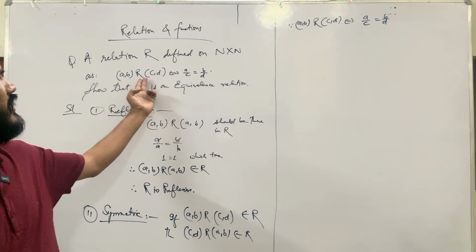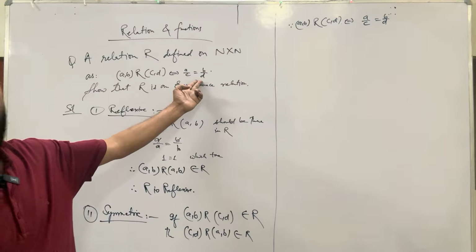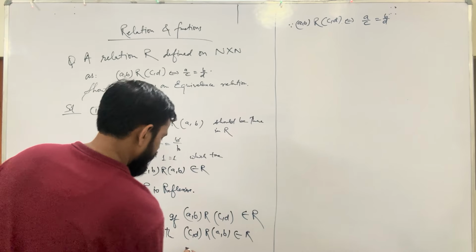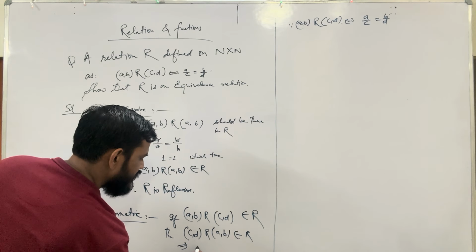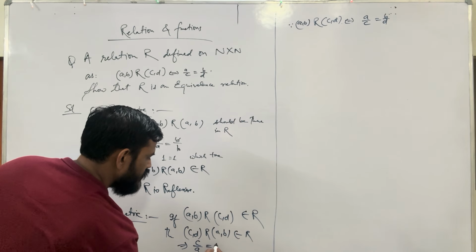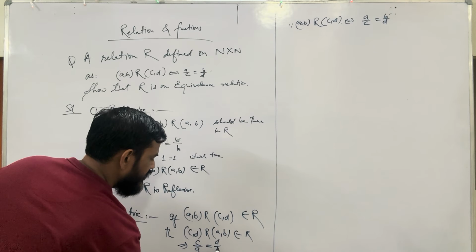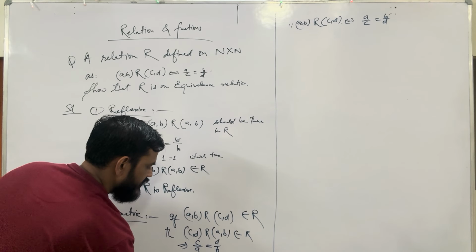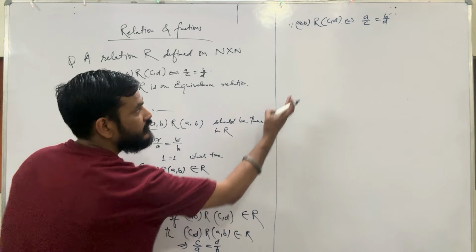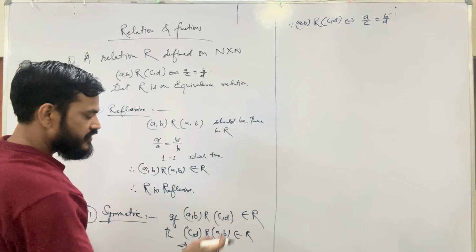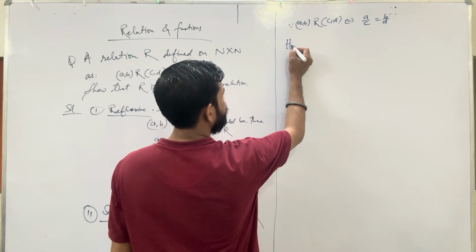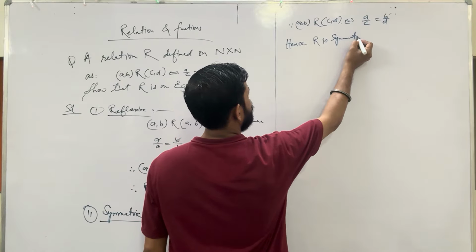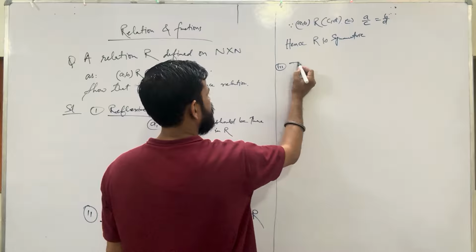As per the relation, a/c equals b/d. Now, if this is true, then this should give first by first, c/a must equal d/b. Now you just flip it. If you flip it, a/c must equal b/d, which is true, which is already given, right? So we can say hence R is symmetric.